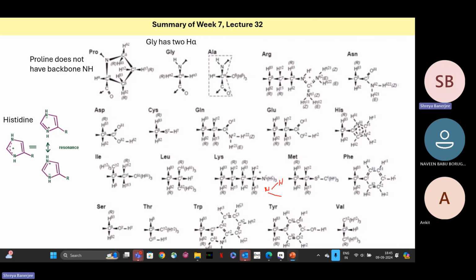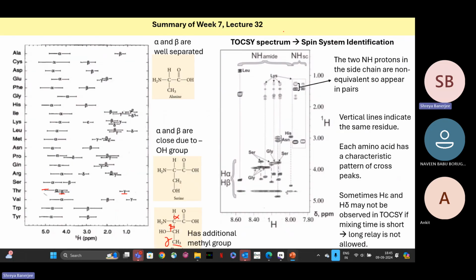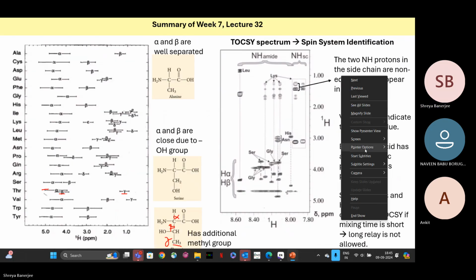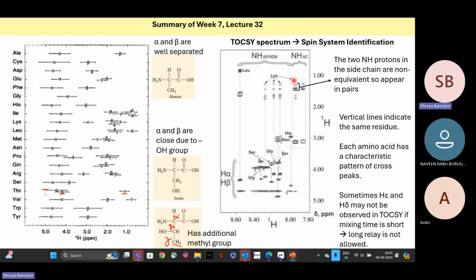So there are two protons in the lysine side chain, and so two peaks are appearing. You can see these are all lysine, lysine, lysine. Two peaks are appearing because there are two hydrogens in the lysine side chain. We will look more into detail in the TOCSY and COSY in the next slide.